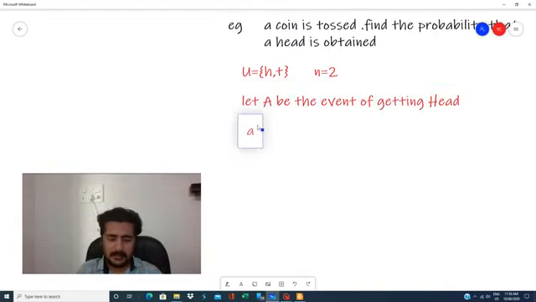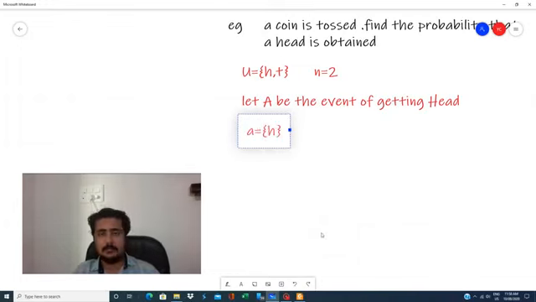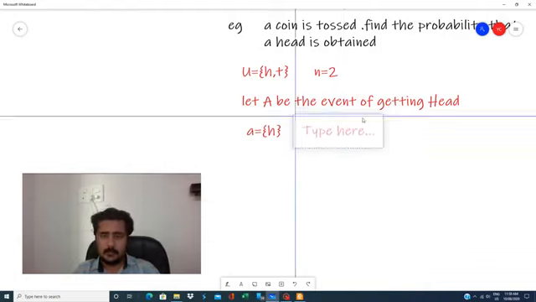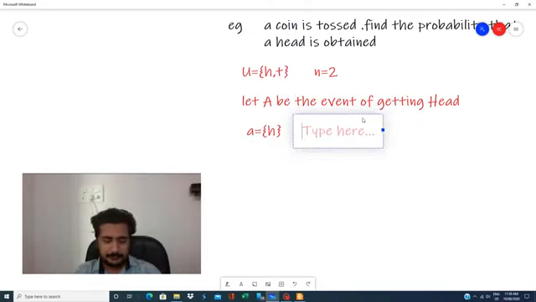Now what is head here? Head is only a single outcome. So your m will be 1.